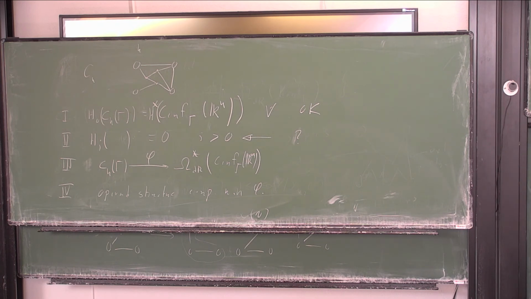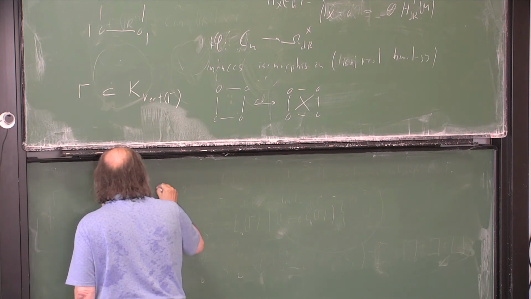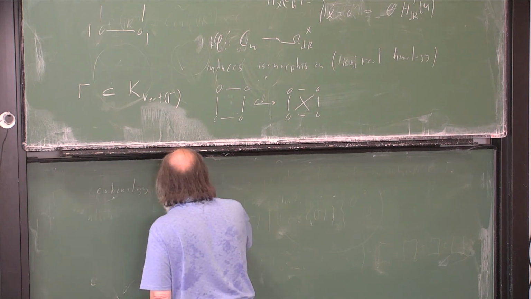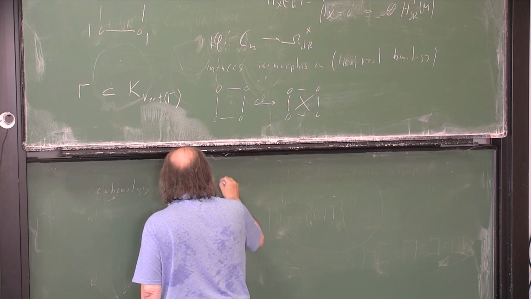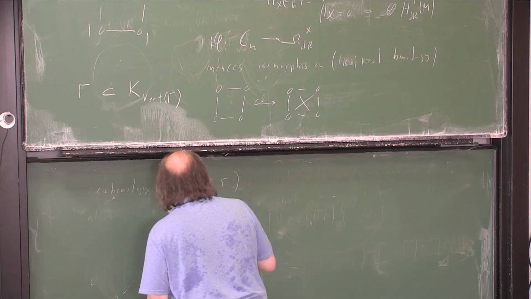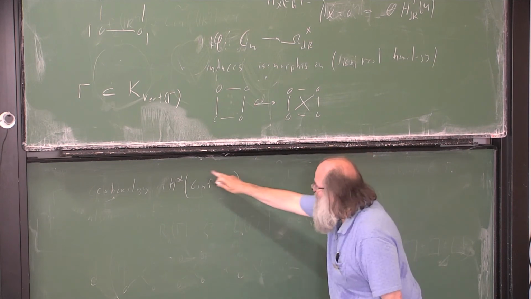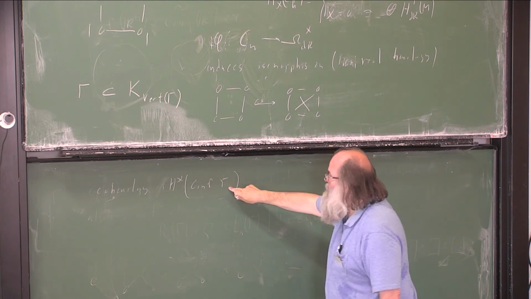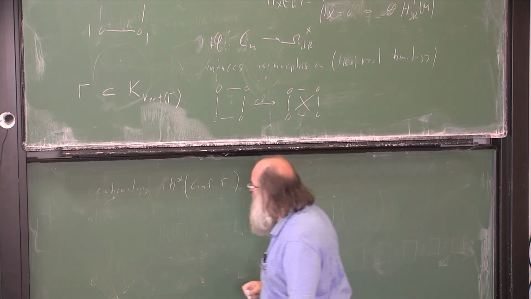You can compute the cohomology H star of configuration space of gamma, and you can do it in various ways. People have been doing this by identifying it with the complement of an arrangement of hyperplanes, and you can do it in other ways.